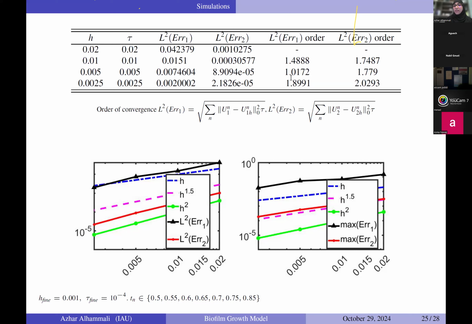We see that the order of these two errors is 1, or sometimes more than 1, as we can see here. We also computed the errors in the L-max norm, and we see that it is roughly 1, but the error in the L2 norm exceeds that in the L-max norm.